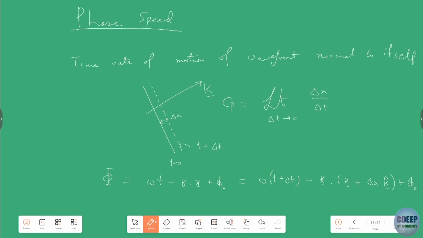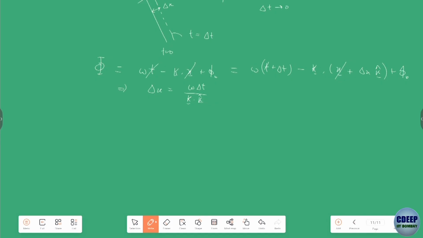So if you do the cancellations, then we'll find that delta x is equal to omega delta t by kappa dot kappa hat. What is kappa dot kappa hat? That's the projection of kappa onto itself, the magnitude of kappa.